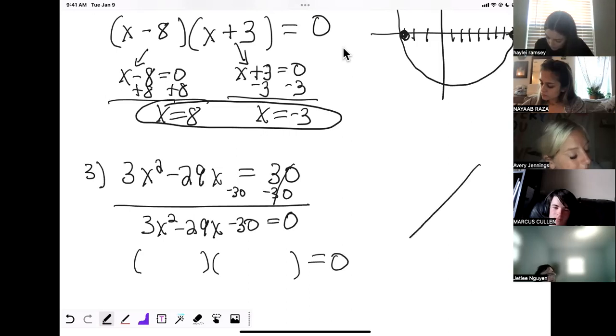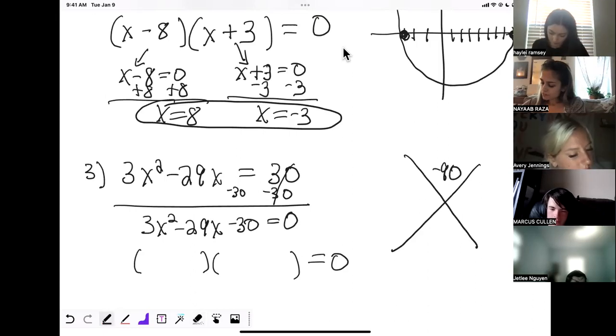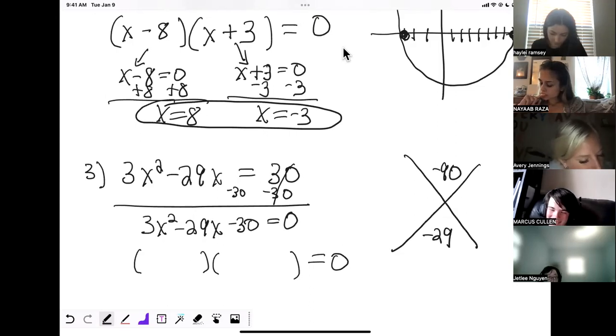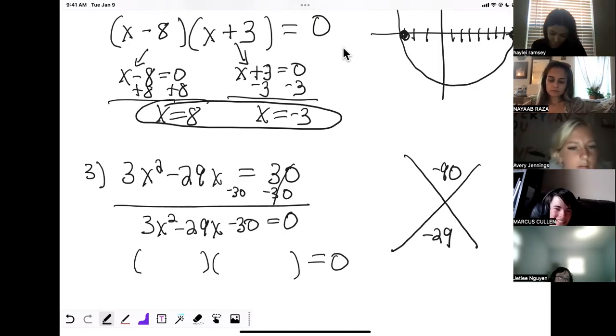This one, I'll do this method just to show it again. So 3 times -30 is -90. And my middle term is -29. So 29, that's a weird number. Okay, 90, let's see, 3 and 30, nope. 10 and 9, nope.